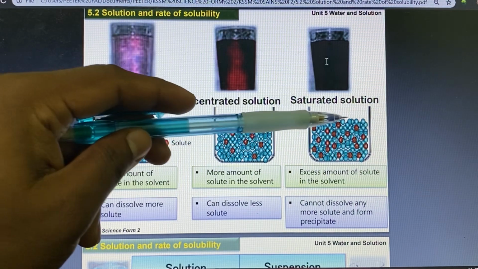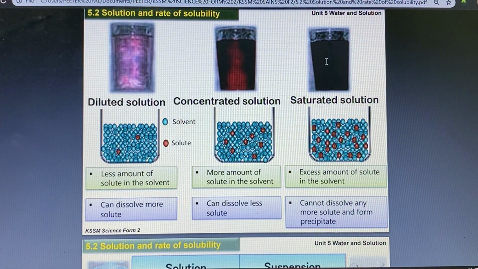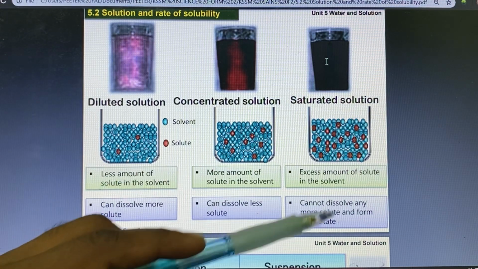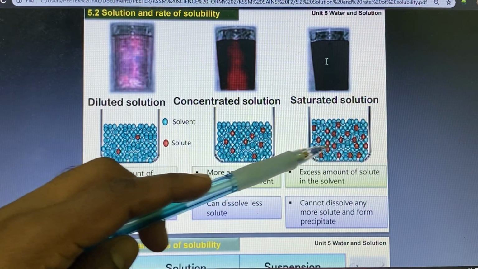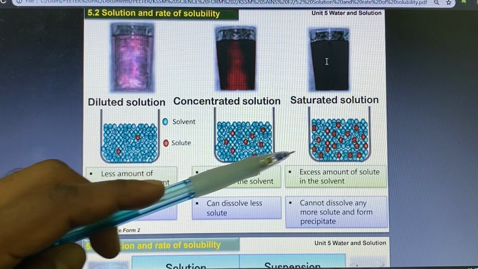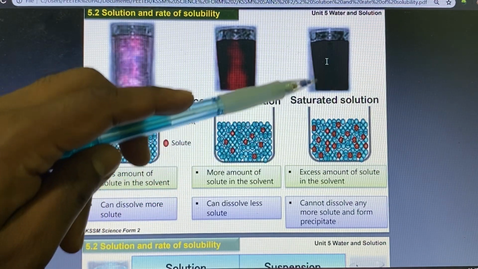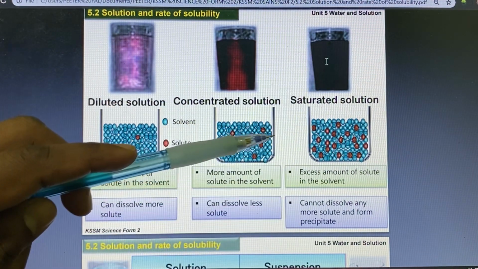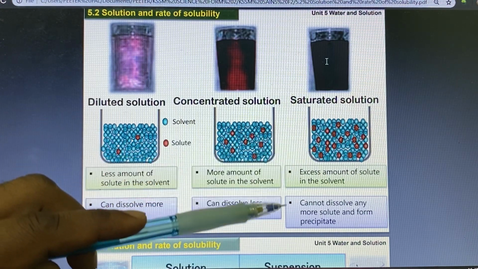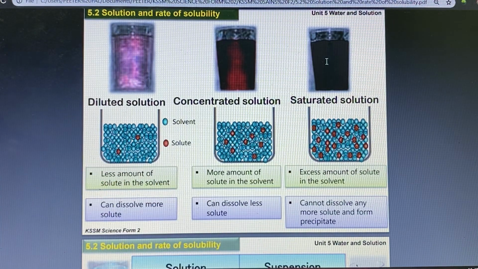Then finally we have a saturated solution. What is a saturated solution? In a saturated solution, we are not able to dissolve any more solute, and the amount of solute is at its maximum. If you keep on adding solute to a saturated solution, the excess solute will form a precipitate.